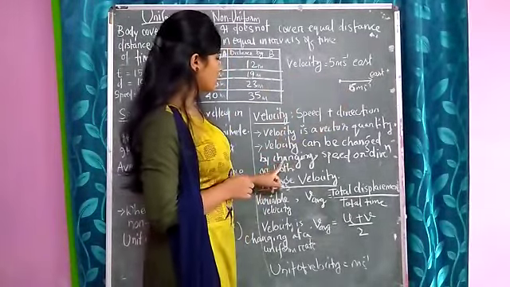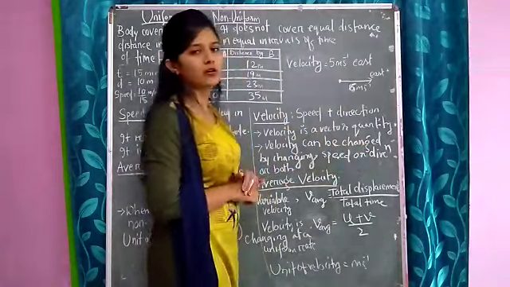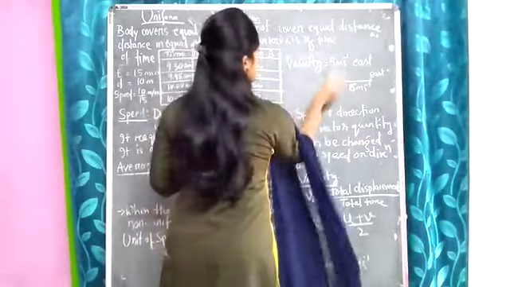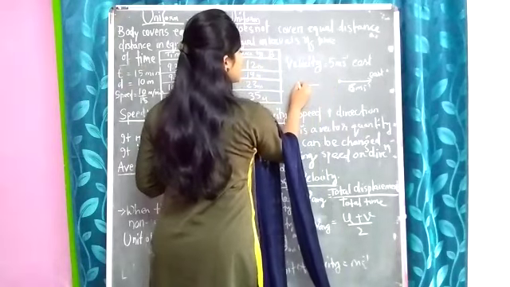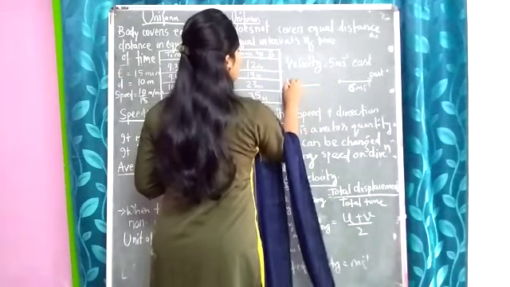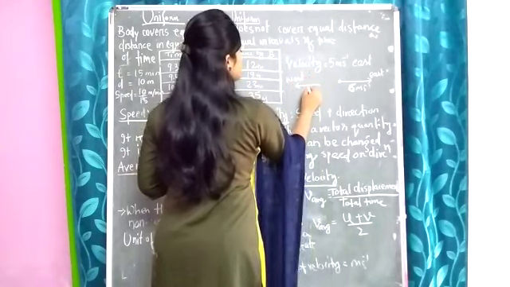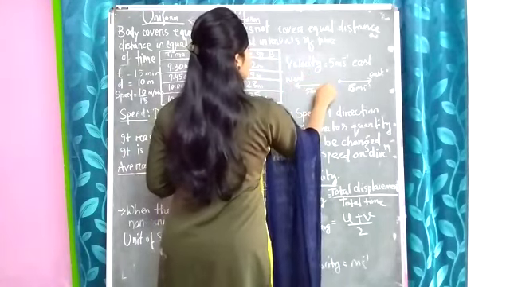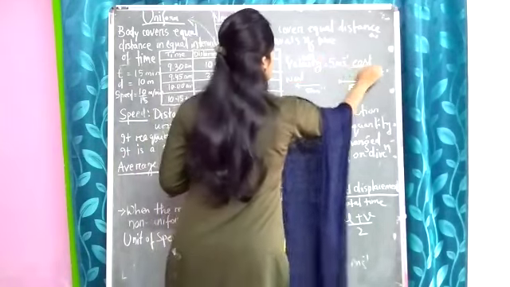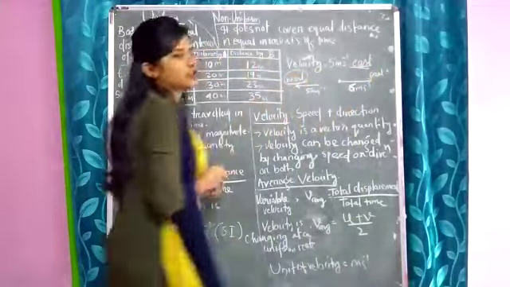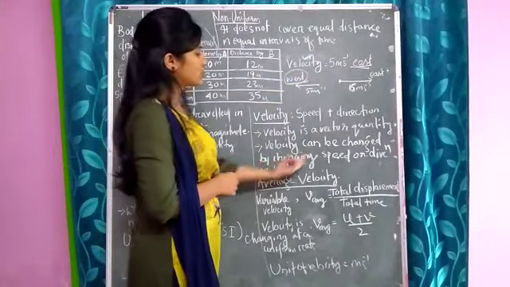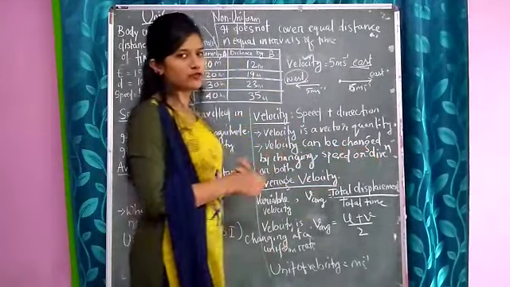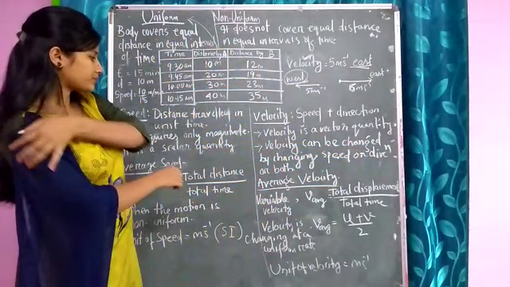It will also change by direction. Suppose now the body is moving with 5 meter per second but towards west, then the velocity will change because we changed the direction. Or by changing both speed and direction, velocity will also change.